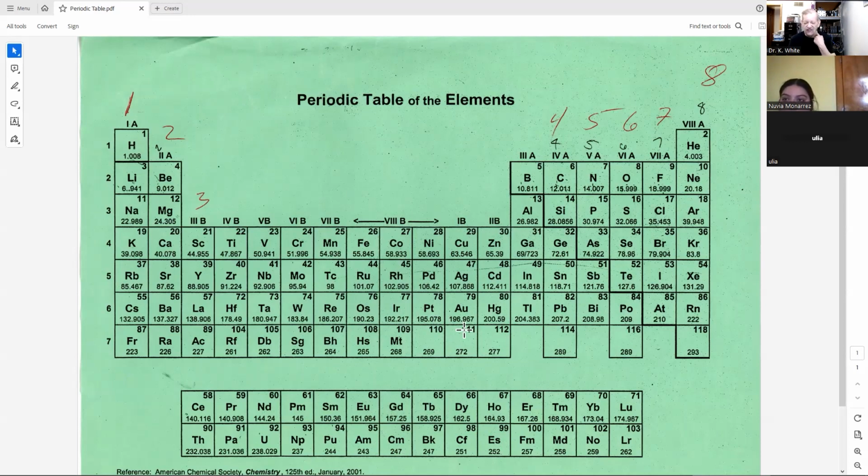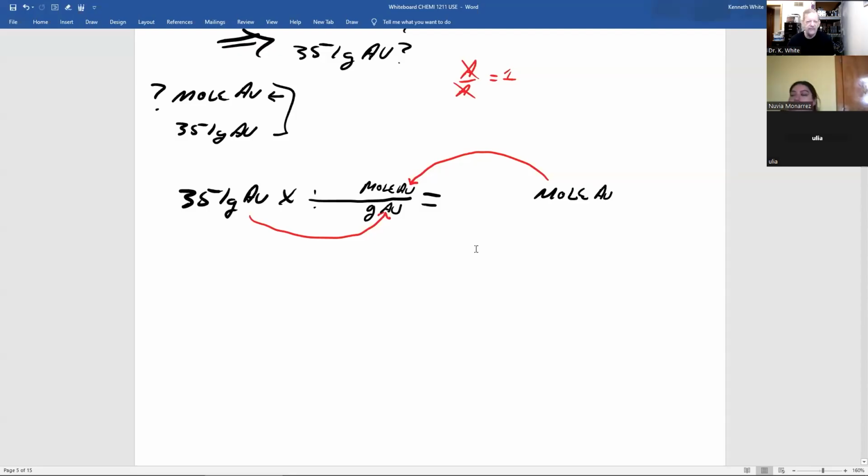Drop the 9, 6, and 7. Increase that 6 by 1. So to 3 significant figures, the atomic weight of gold is 197. So what does that mean? I know for every 1 mole of gold, there's 197 grams of gold. 1 mole of an element equals its atomic weight.